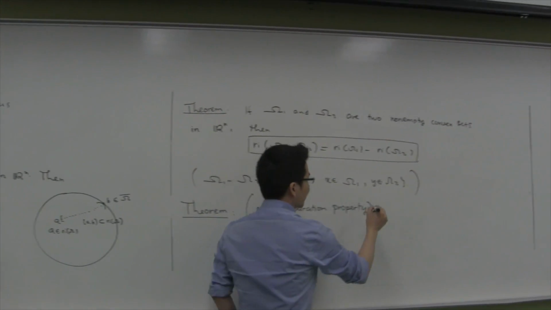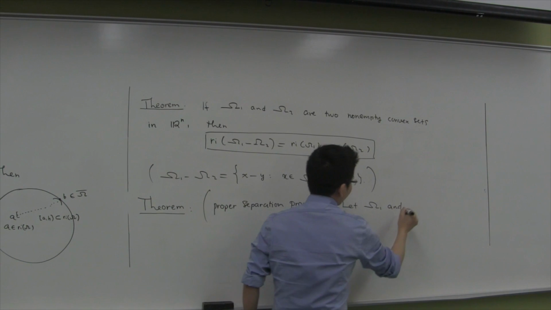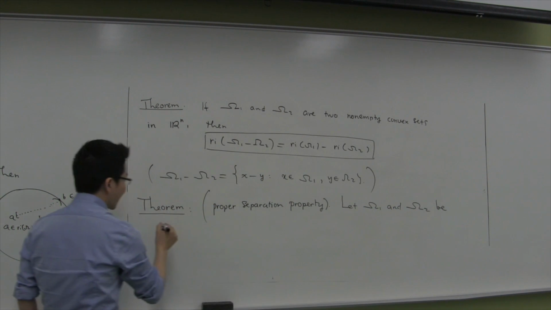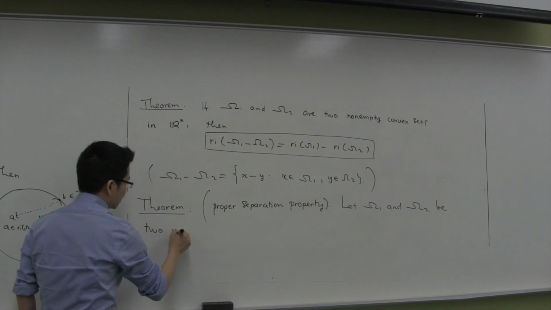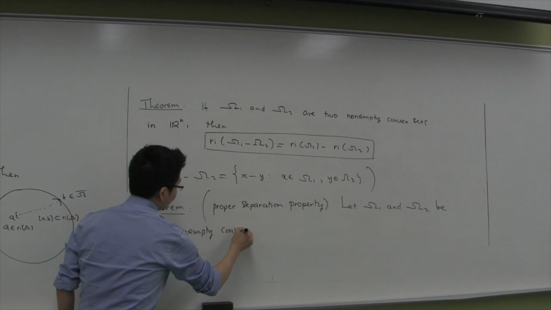Now let omega 1 and omega 2 be two non-empty convex sets in Rn.